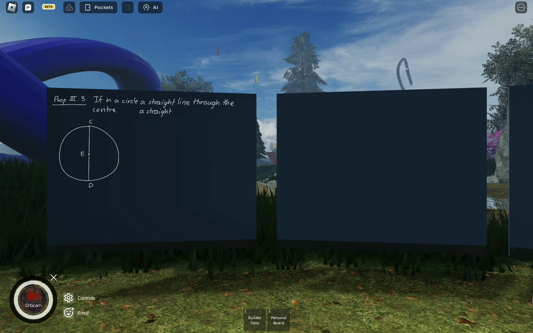A straight line through the center meets a straight line not through the center. So that will be AB.